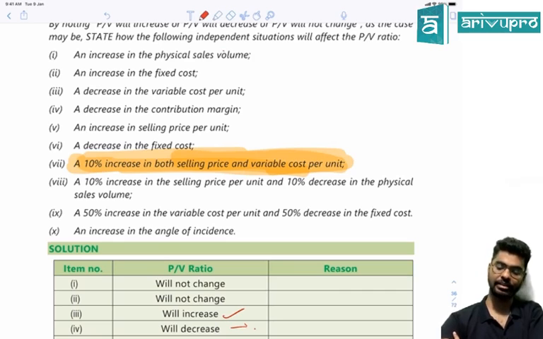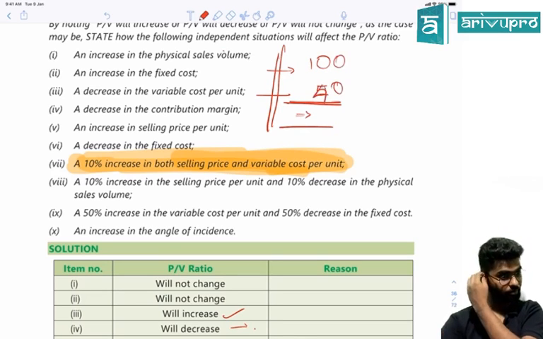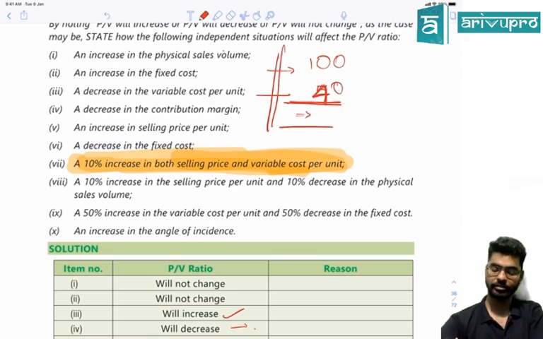Selling price is 10, variable cost is 5. What is my PV ratio? Let's make it 140, sorry. What is my PV ratio? It is 60. Selling price increased by 10%.